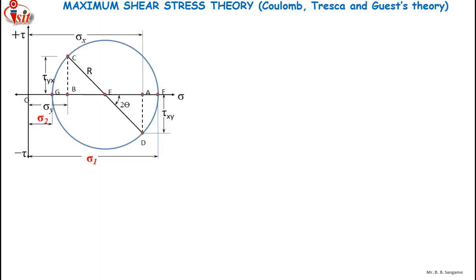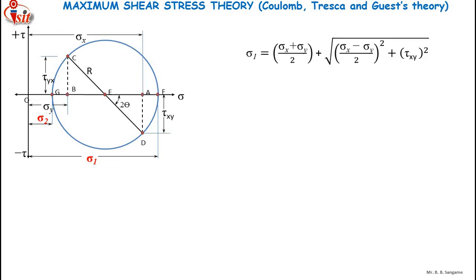Okay, so here you can see the Mohr circle. According to the principal stresses, maximum principal stress sigma 1 is equal to (sigma x plus sigma y) by 2 plus root of ((sigma x minus sigma y) by 2) squared plus tau xy squared.